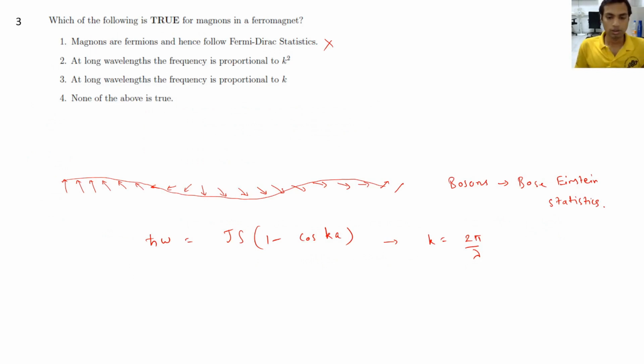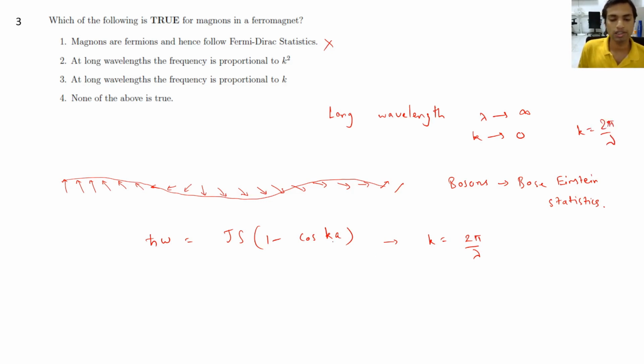So at long wavelength, what do we mean by long wavelength? Long wavelength means k equal to 2 pi by lambda, with lambda going to infinity. So k goes to 0 because k is 2 pi over lambda.